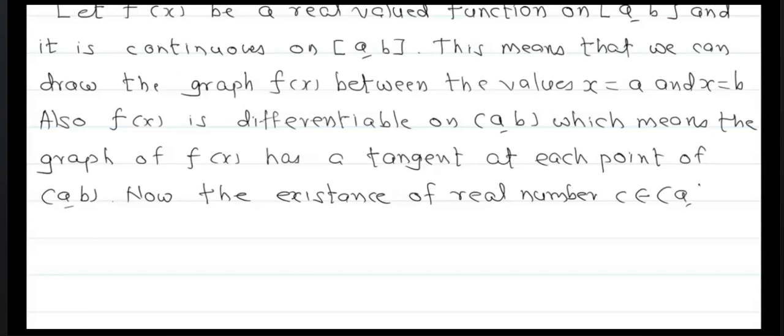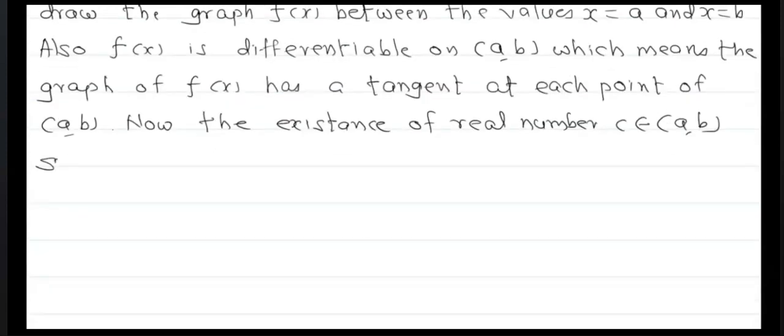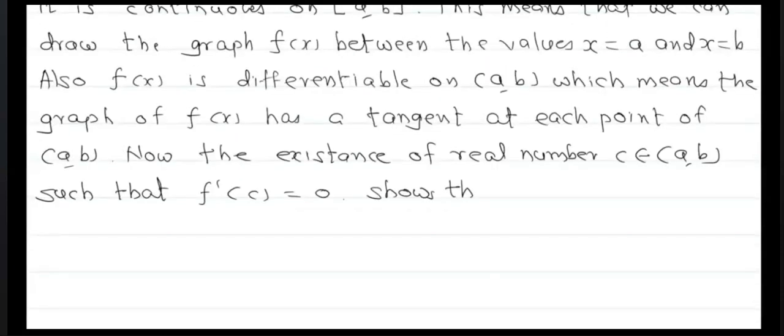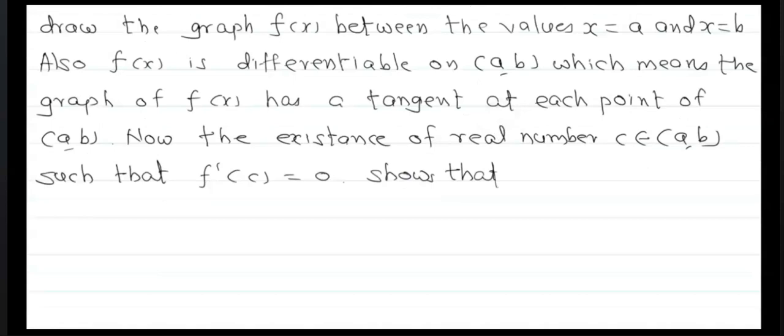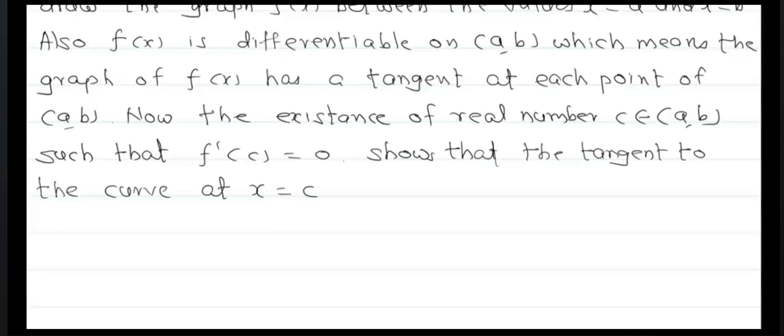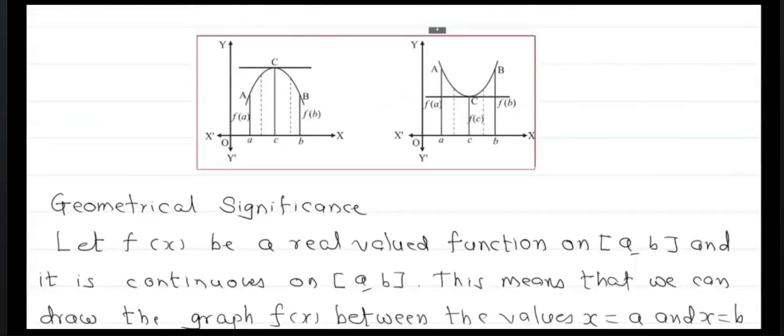Now the existence of a real number c belonging to (a, b) such that f dash of c is equal to 0 shows that the tangent to the curve at x equals c has slope 0.